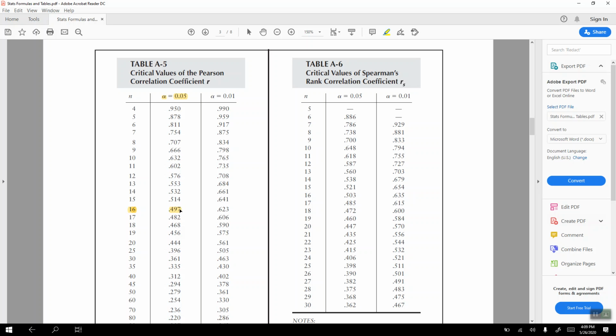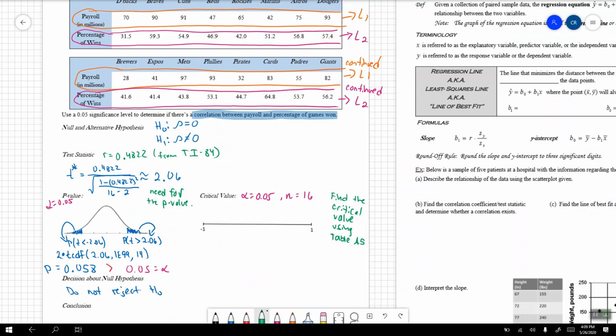This is the critical value that we need. So let's go back and write that down. My r value in this particular case is 0.497. If we're centered at 0, I now need to figure this out. So this is going to be negative 0.497.